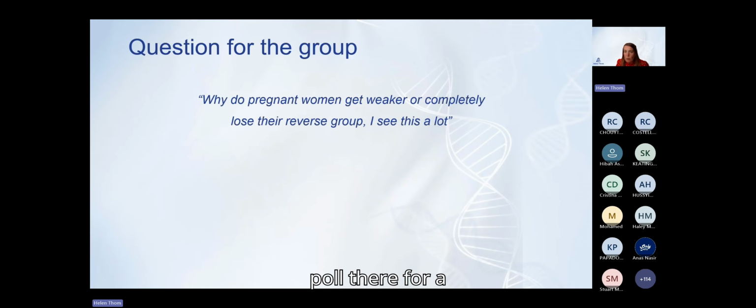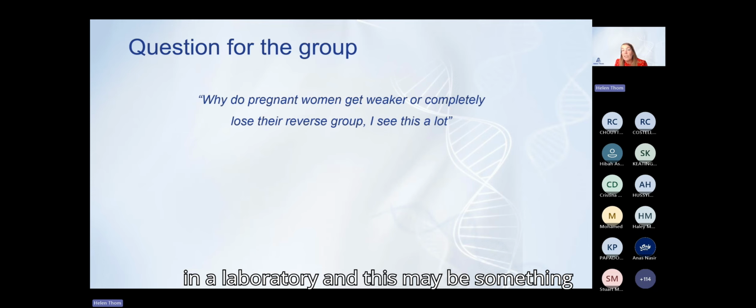I have tried to launch a poll there for a word cloud, because I'll be honest, this is not something that I've ever experienced before. I did share it with some colleagues who hadn't seen this either. So I thought the best place to bring it is to a group of people who work in a laboratory, and this may be something that you have seen. So I'm turning the tables here and asking for your expertise on this.